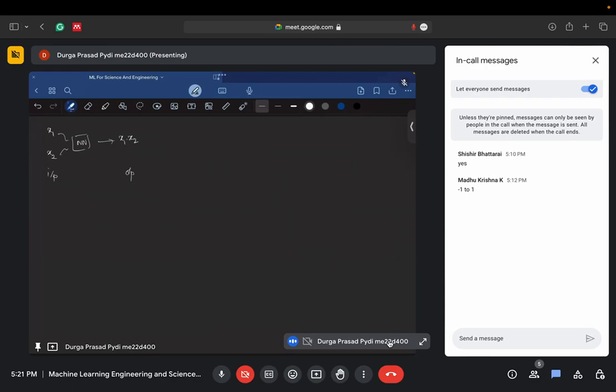Yes, you could do it. Is there any specific requirement on the activation function, or can I use any activation function? The next question is, what should be the values of x1 and x2?